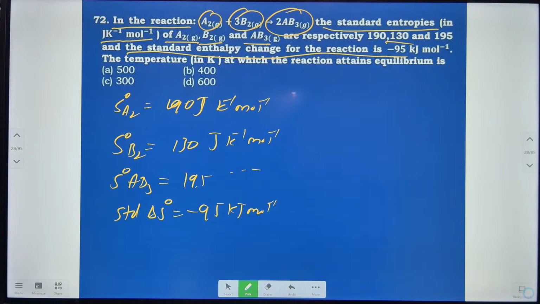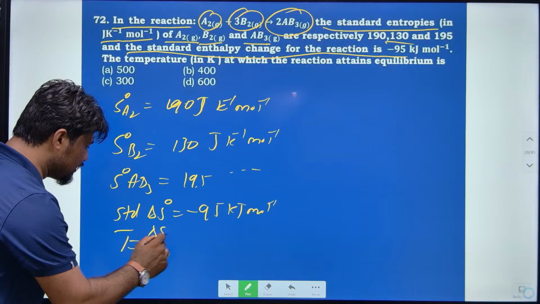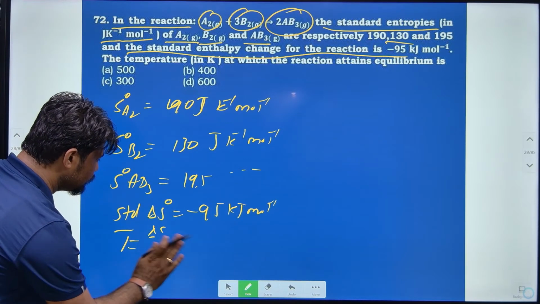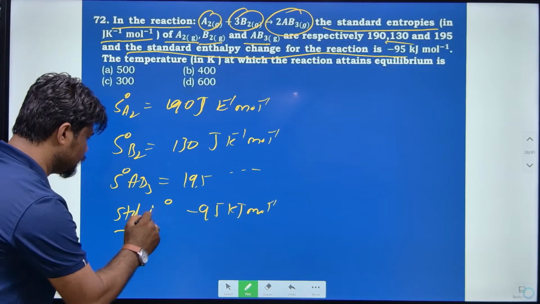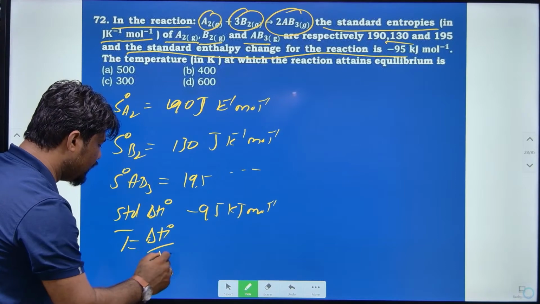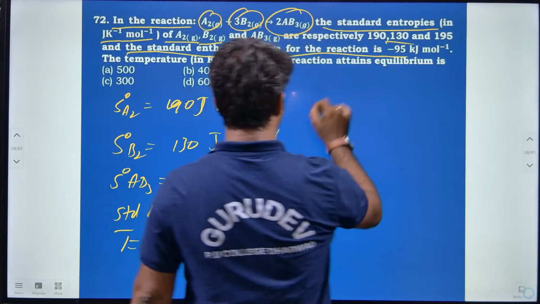What is the temperature? The temperature is equal to delta H naught divided by delta S naught. How do I get this? It's very simple.